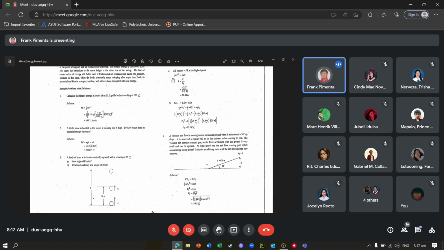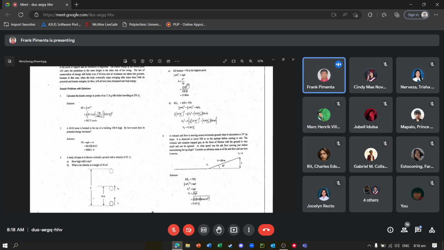Now, what are the formulas? 1/2 mv sub 1 squared, because this is the maximum velocity, so 1/2 mv maximum squared is equal to mg at the highest point times maximum height. That is the energy equation. So, cancelling m and m, we have 1/2 v sub 1 squared equals gh. And getting the equation for h, you have v sub 1 squared over 2g.